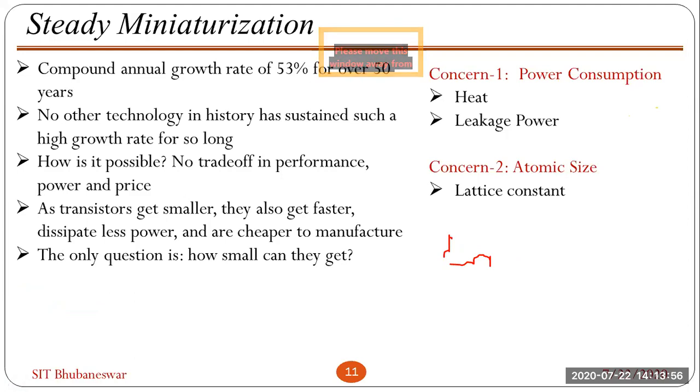But due to that small size, it does not depend upon that vertical field. Actually, once you give the gate voltage, that means the vertical electric field is created, and that's why the transistor turns on.